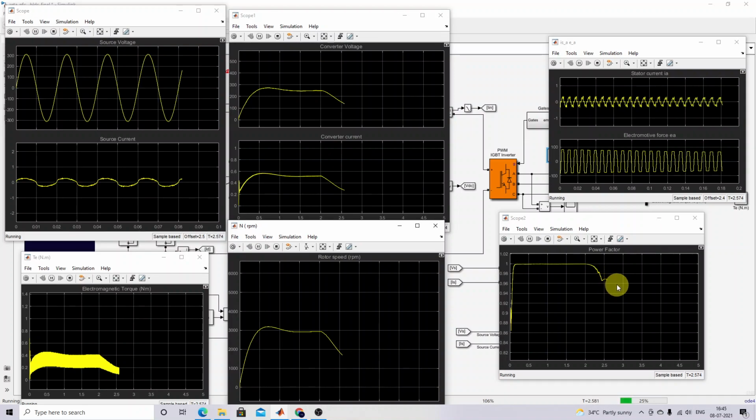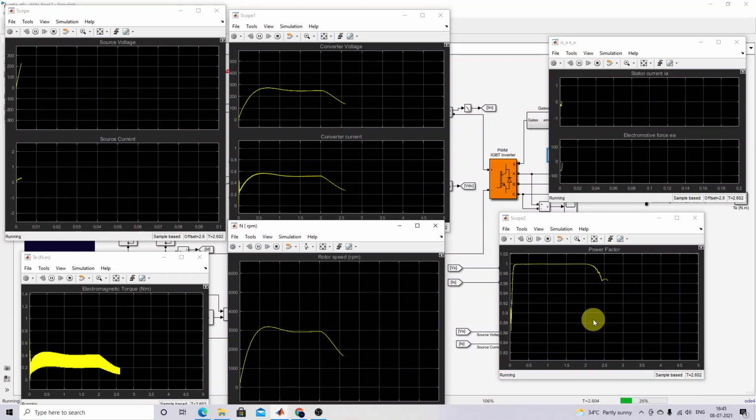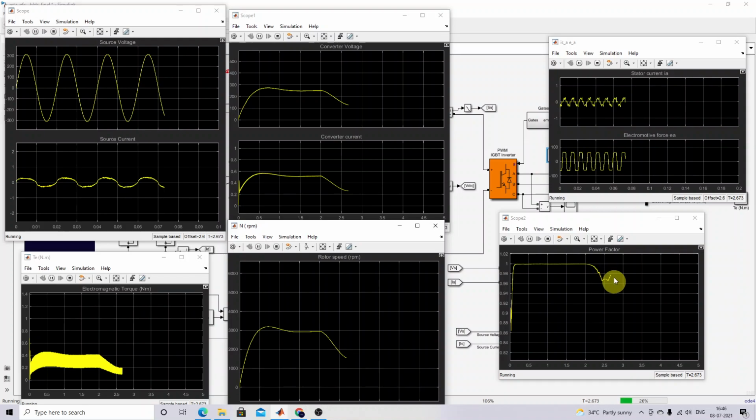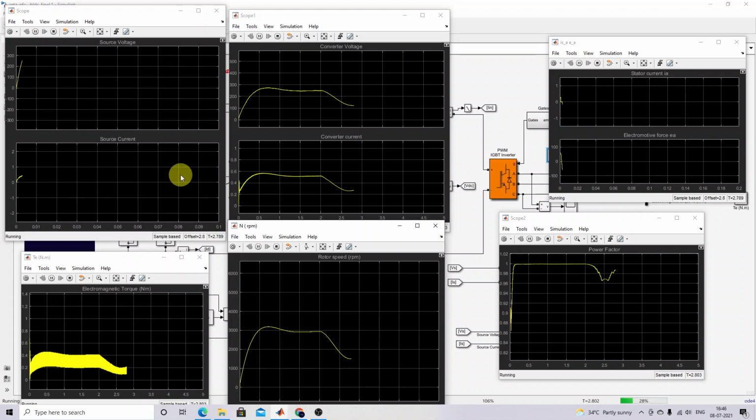Power factor we are changing, right? So you can check after the voltage reaches 150 volt. Now we can see that the power factor is increasing towards unity, and the nature of the source current is still sinusoidal. Also the phase angle difference is zero between source voltage and current.